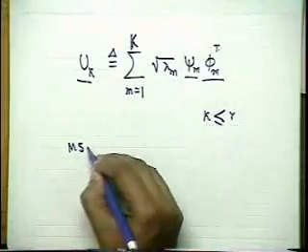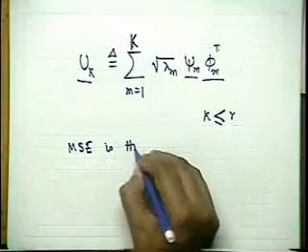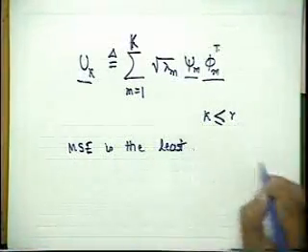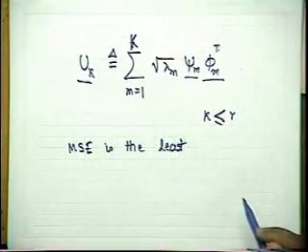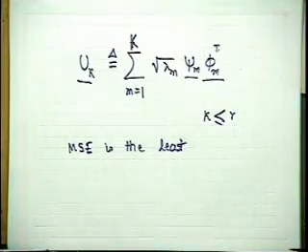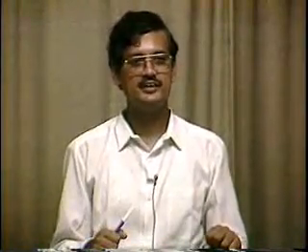In the case of the KL transformation, the average mean square error was least, because the average was over an ensemble of images, whereas for the singular value decomposition it is a single image that we are taking, and this gives us the least mean square error performance.